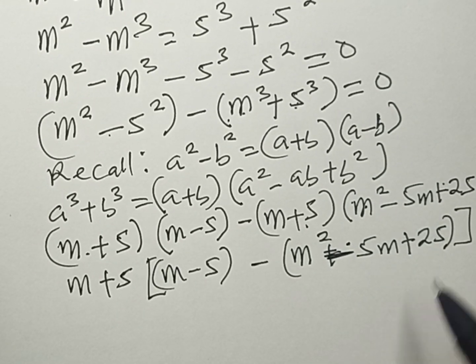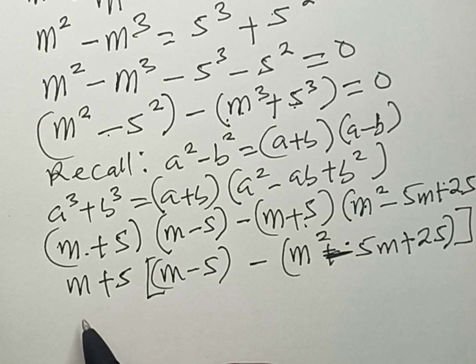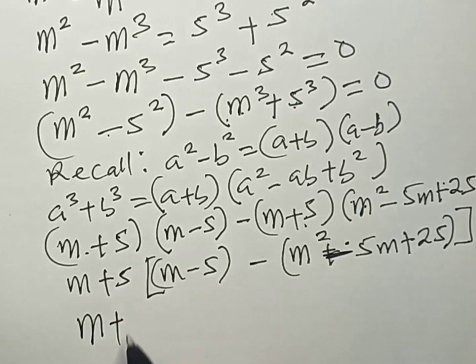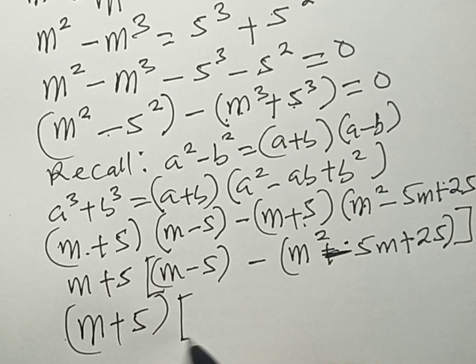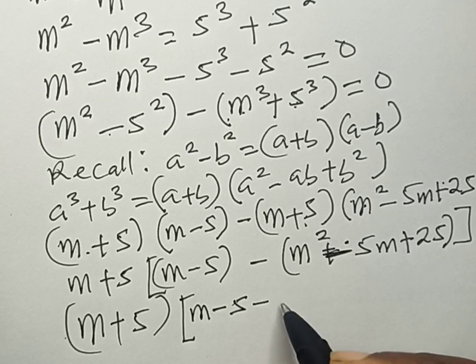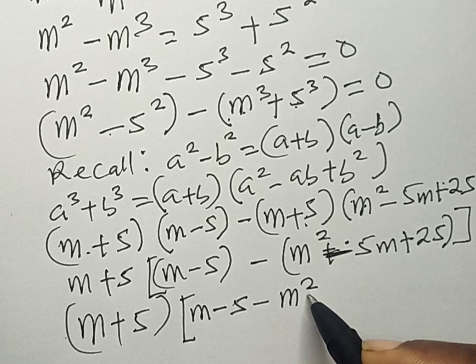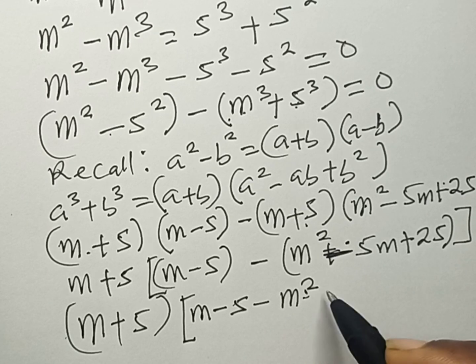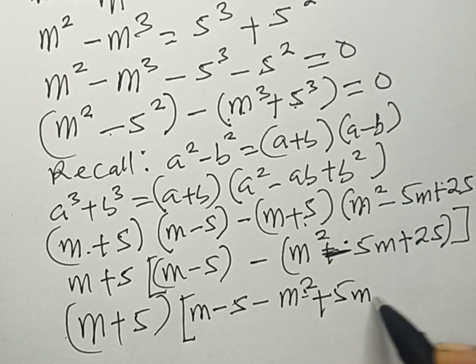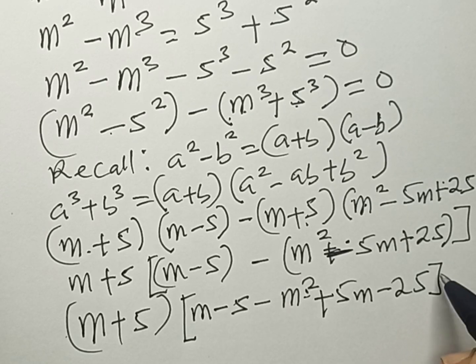Now we can write all of them equals to 0. So since we have that, we can collect like terms now. We have m plus 5 into m minus 5 minus m square plus 5m minus 25. We are opening this bracket and write equals to 0.